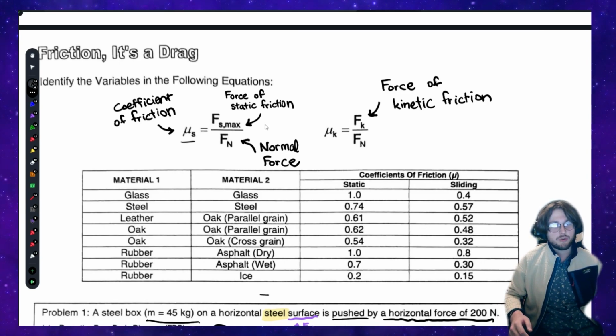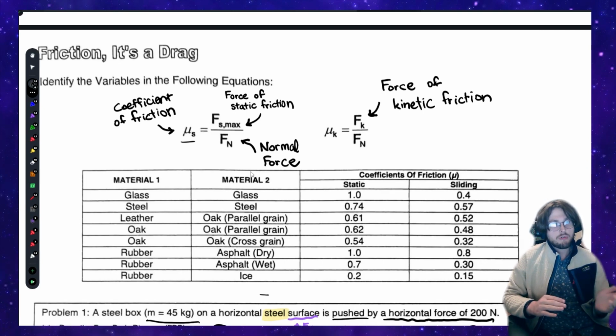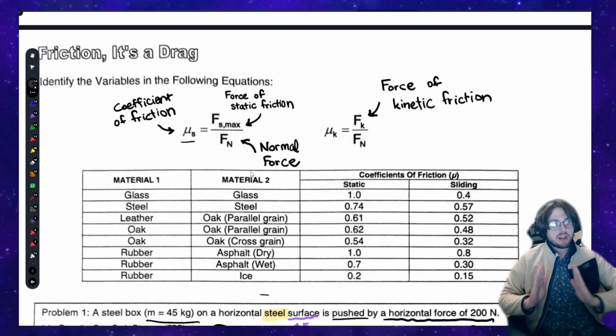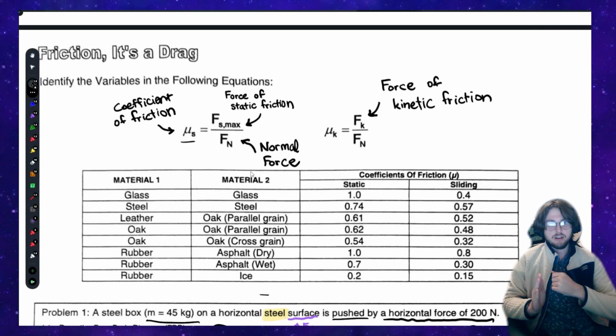So this coefficient, the way that you get it, is typically by dividing the friction force acting on an object, which is usually pretty measurable, by the normal force between those two surfaces. And depending on the orientation, the normal force is just a matter of how much these two objects are being pressed against each other. So if you're pressing an object really hard against a wall, that's your normal force, that's Fn.